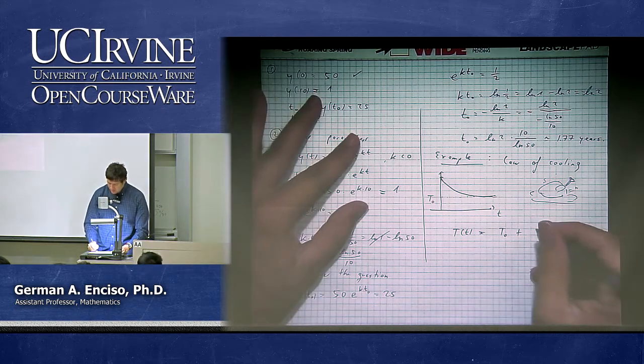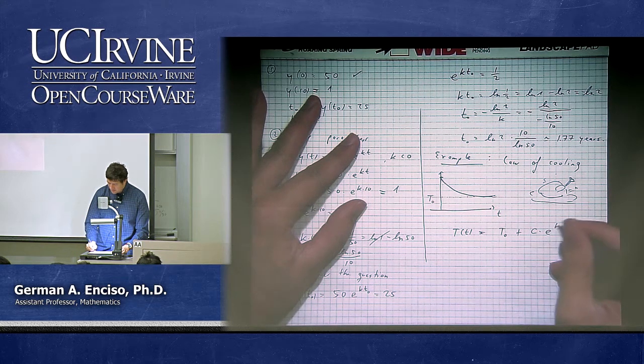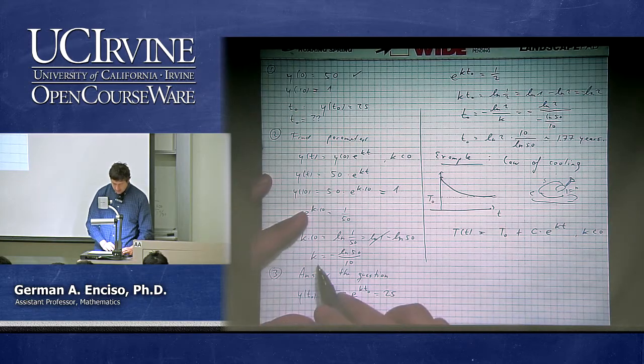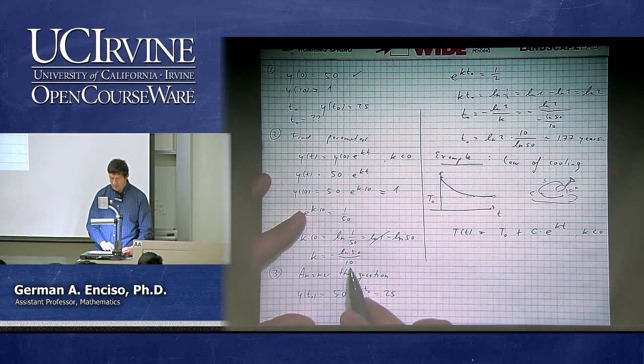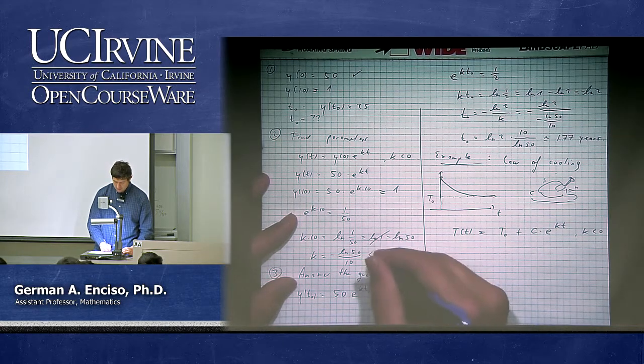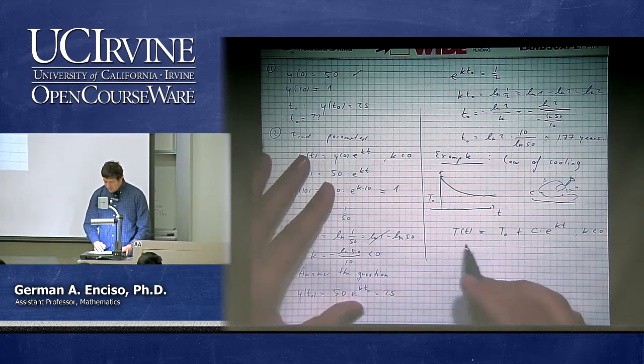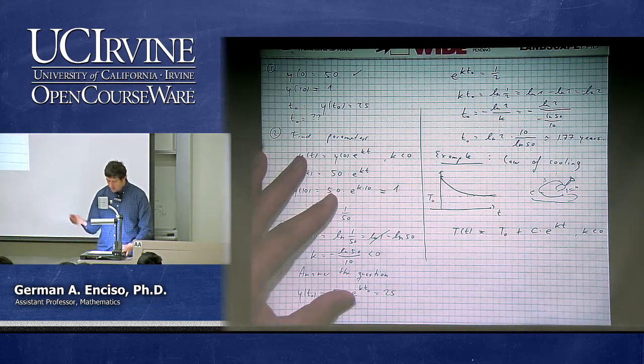So it's T0 plus some constant times e to the kt, where k is presumably a negative number. By the way, in the radioactive example, k is minus logarithm of 50 divided by 10. That's negative, just like we predicted.